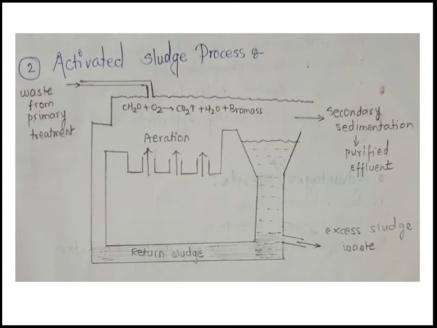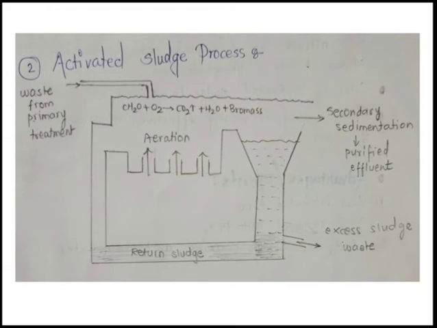Here the complex molecules can be converted into simpler forms, as I have told. So CH2O is converted into smaller molecules in the presence of oxygen. So oxygen is continuously bubbled. Here aeration is done of this water which comes from primary treatment.